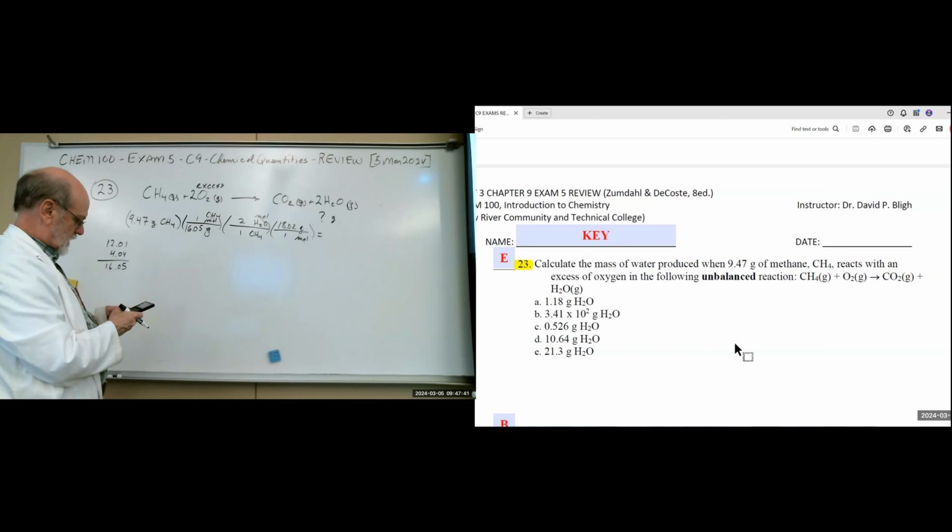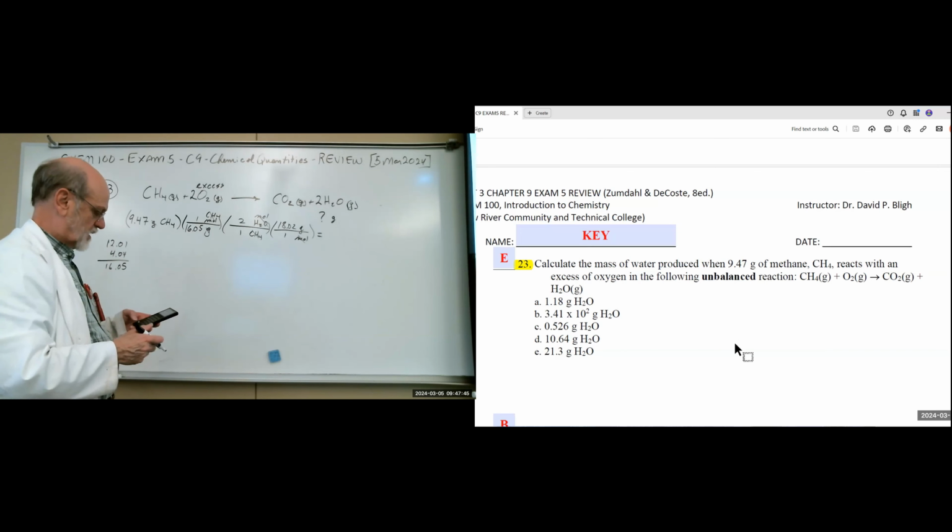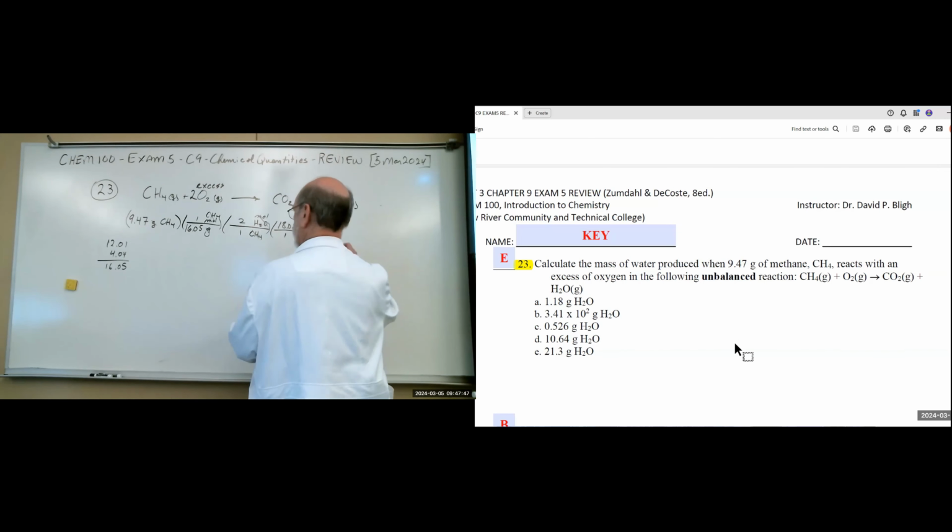Divide it and 2 times 18.02 times. So that's 21.3. 21.3 grams of water.